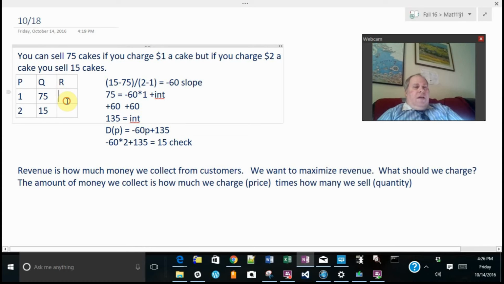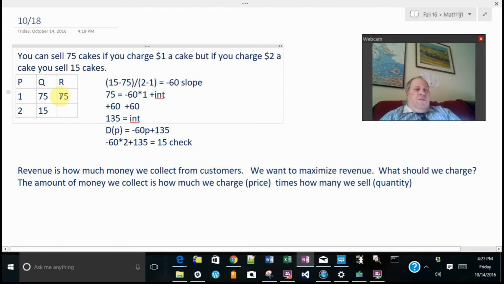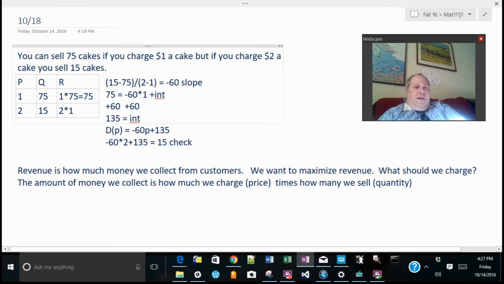Revenue here is 75, because that's 1 times 75 equals 75, and this is 2 times 15 equals 30. Now, we probably don't want to charge $2, but we don't know.